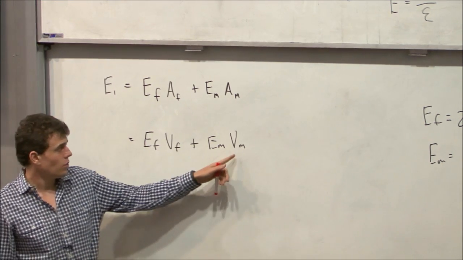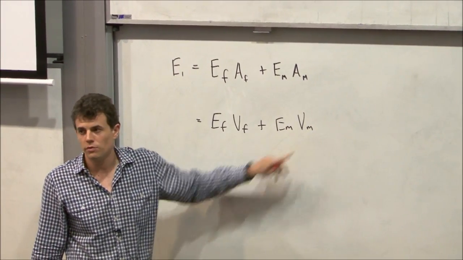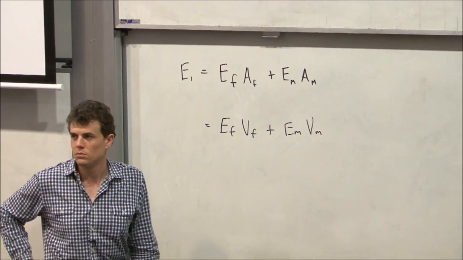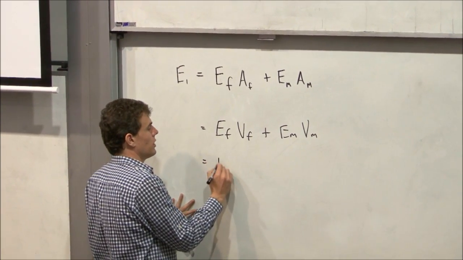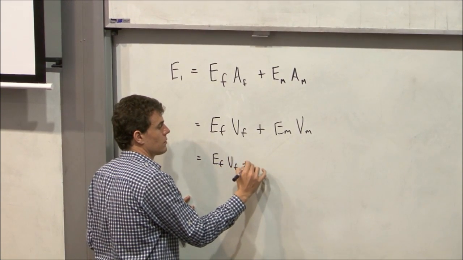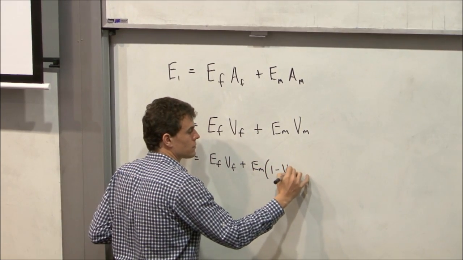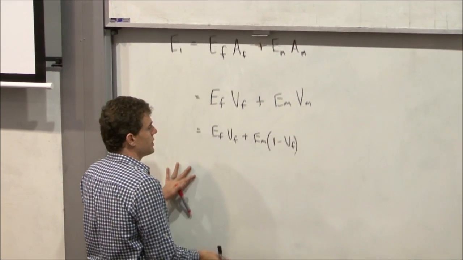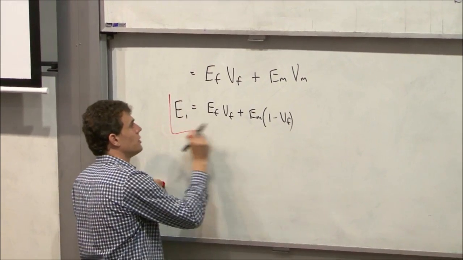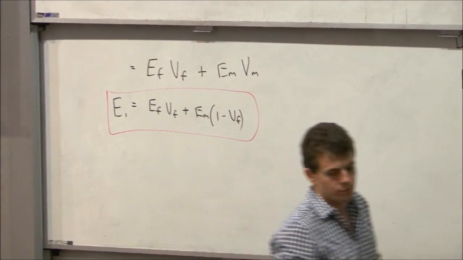And we know, because we're assuming that there's no voids, that the volume fraction of the matrix is 1 minus the volume fraction of the fibre. So we can rearrange again. Okay, and this is our simplest rule of mixtures formula for the axial stiffness of the composite.